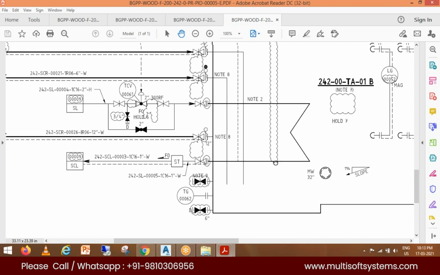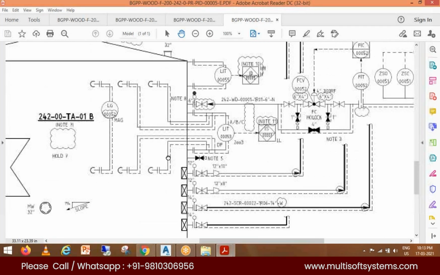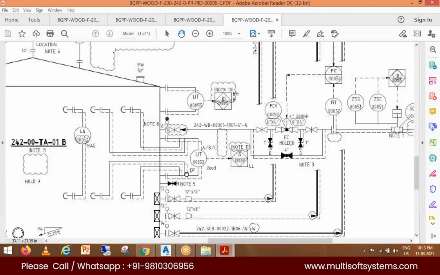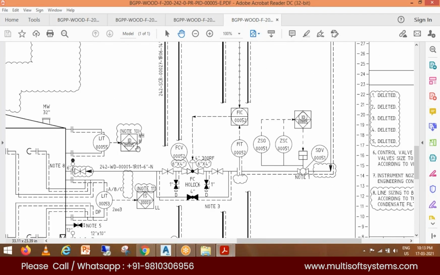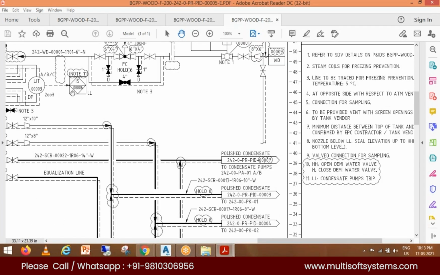I am just segregating the major components right now. Equipment we have seen, routings we have seen, pipelines, pipe runs. Now we are looking at the third portion, the instruments. This is how instruments will be available in your PNIDs, as round or rectangular shapes.